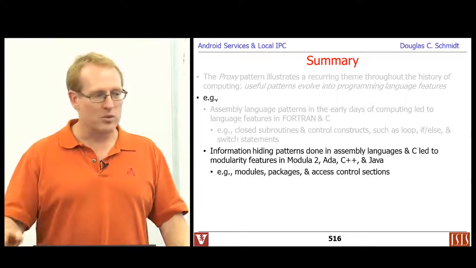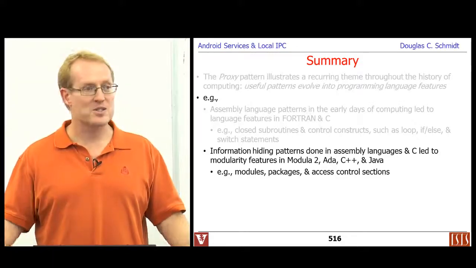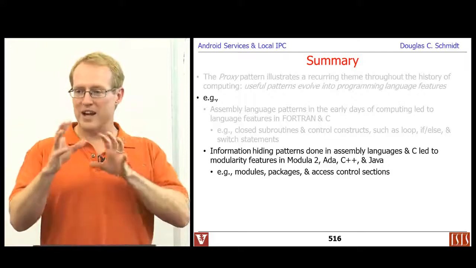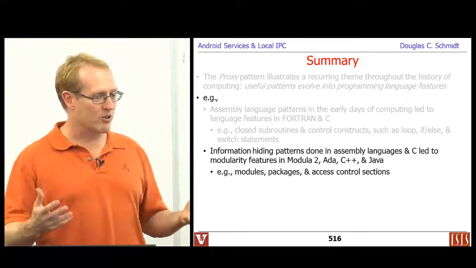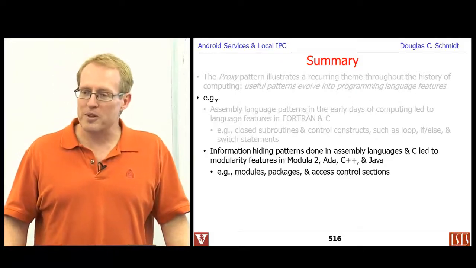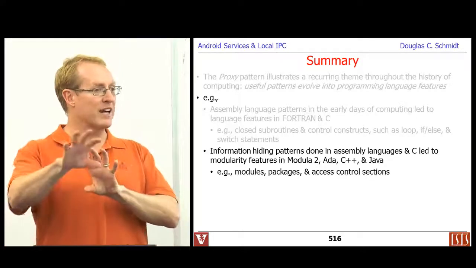So if you recall, when we do 251, we talk about stacks. And we talk about different ways of hiding the representation of the stack to avoid writing code that relies on a particular implementation. So what happened there is people began to come up with patterns for hiding information.